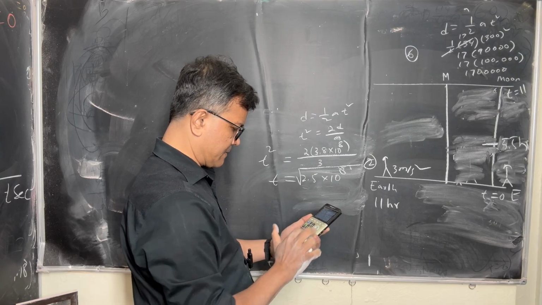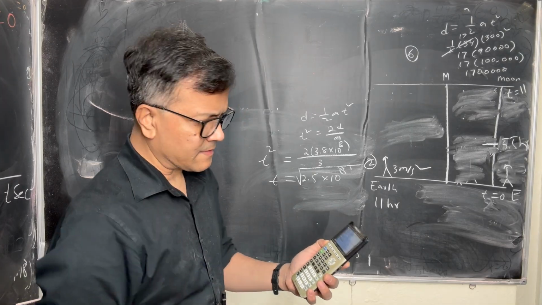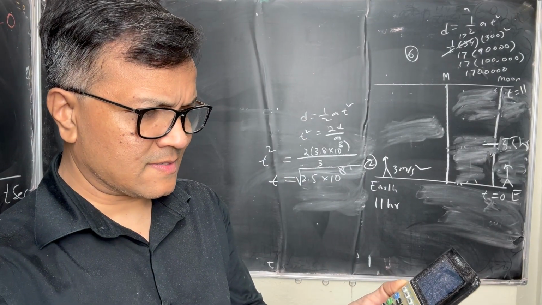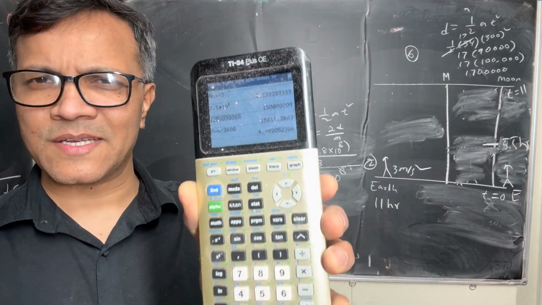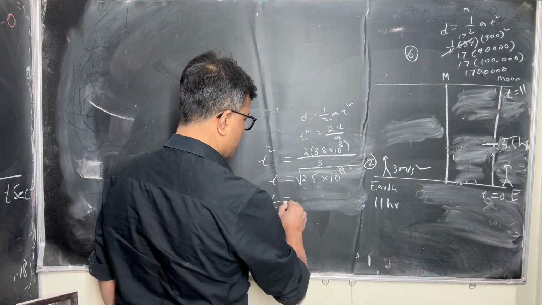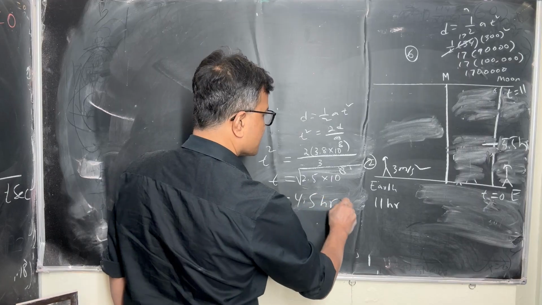You square root it, and you get 15811 divided by 3600. You get 4.5 hours.